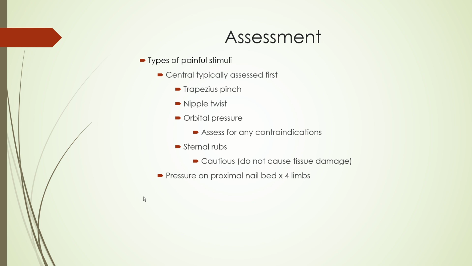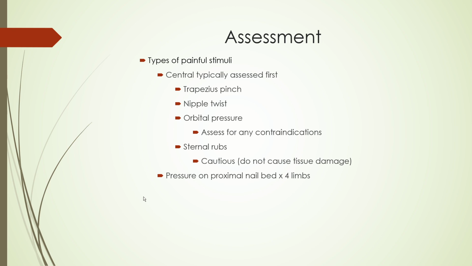Okay, we talked a little bit about assessing for painful stimuli with the coma patient. So how do we assess for painful stimuli? I just wanted to include a slide about that. It sounds a little barbaric, like we're trying to hurt our patient, but assessing whether a patient responds to painful stimuli is really important.